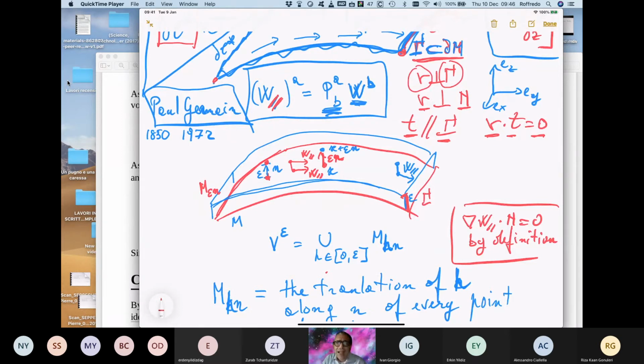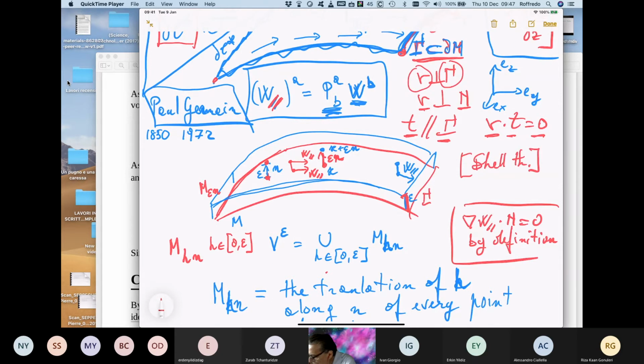And I am considering also every M H n where H belongs to 0 epsilon. So I consider every H translated surface where H is 0 and every number between 0 and epsilon, epsilon included. So what I'm building is a small slice, if you like, whose basis is the surface M. By the way, this argument you will find also in shell theory.